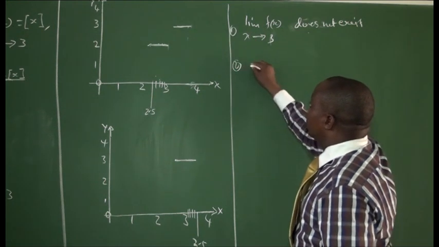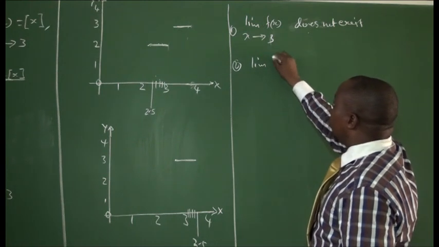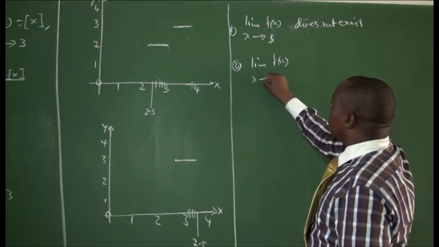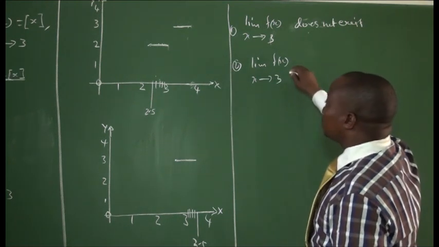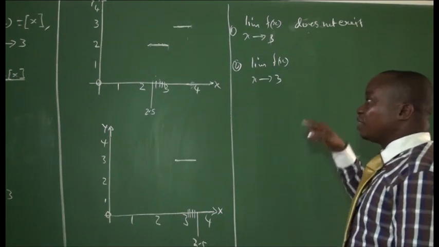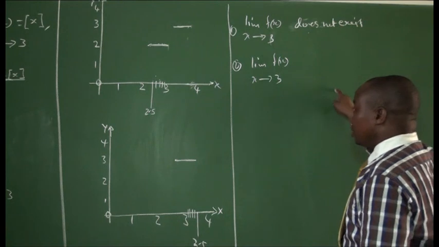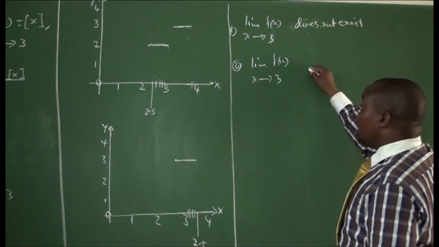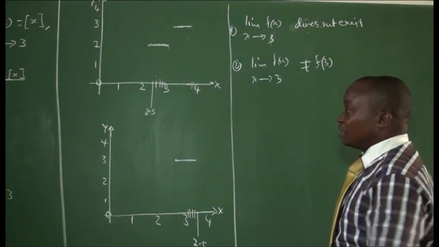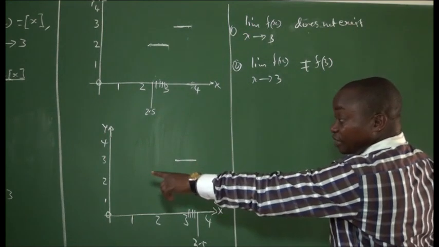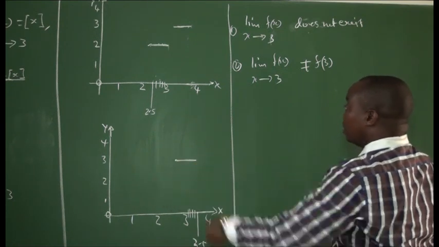Number 2: for the limit of f of x as x approaches 3, if I say f of 3, what will I get there? f of 3 will give me 3. But the limit is not equal to f of 3, because the two sides are not giving the same value, so the limit does not exist.